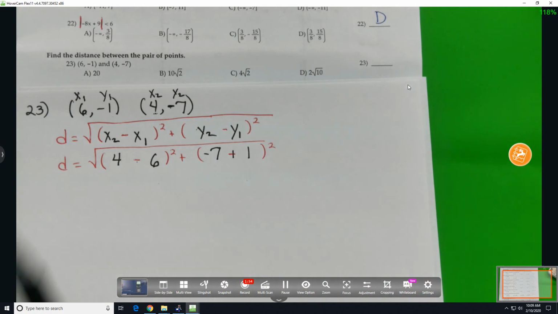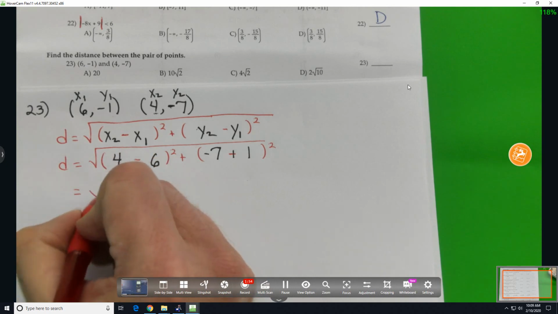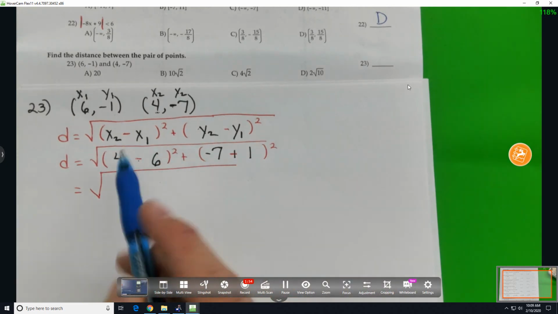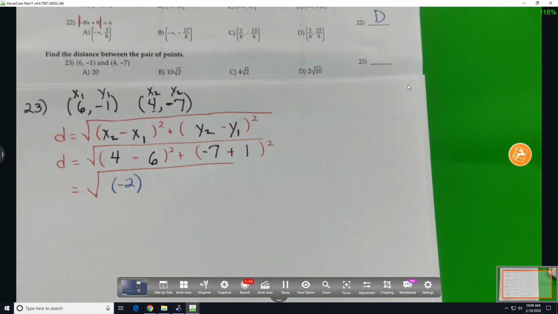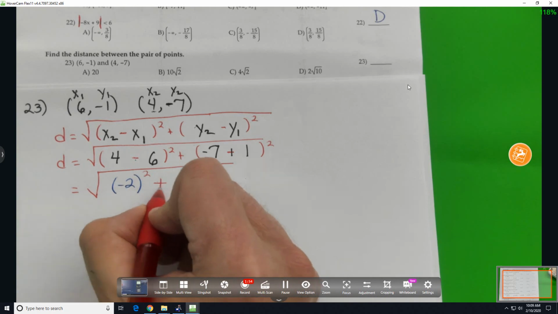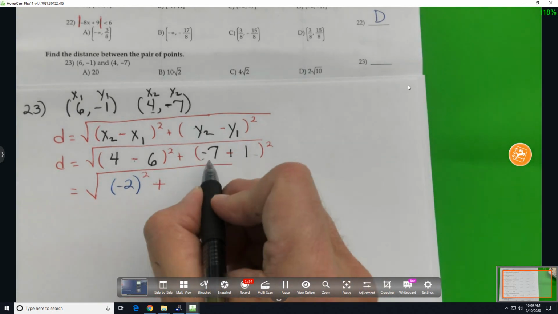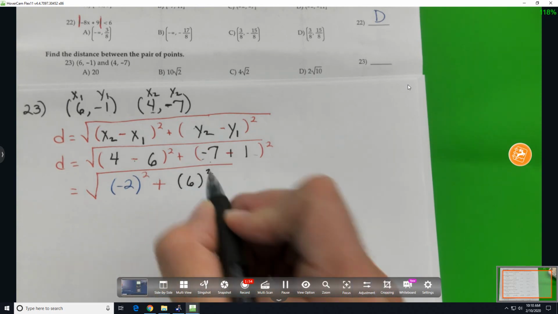You'll see the black negative changes this red minus to a plus. Let's hope we don't get a really big number. 4 minus 6 is a negative 2. So we have negative 2 squared plus negative 7 plus 1, is that a 6 squared?